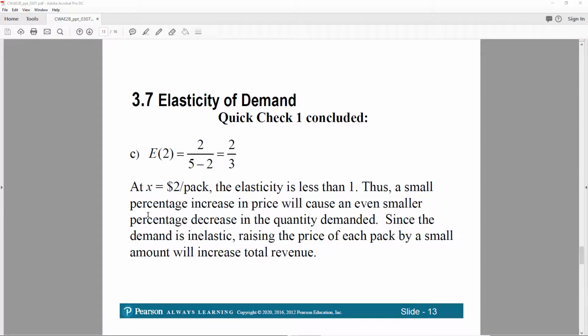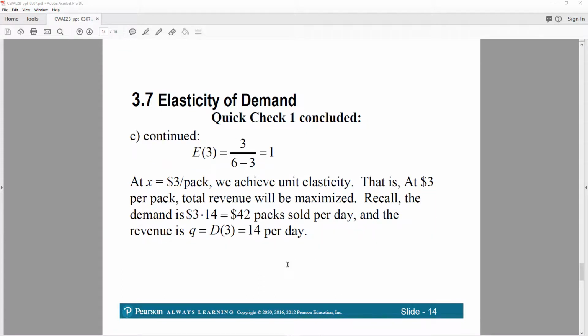A small percentage increase in price will result in a smaller percentage decrease in the quantity demanded. Since it's inelastic here, people are not really attached to it, so raising the price of each pack by a small amount will increase the total revenue.